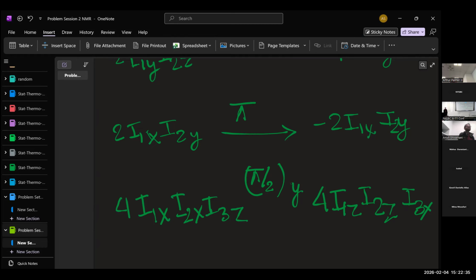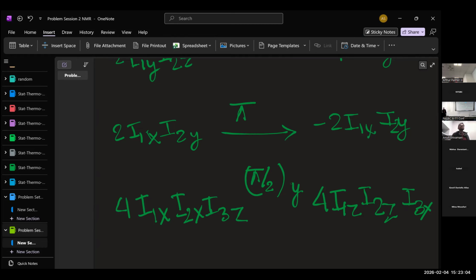Very easy. Y takes you from Z to X, and then from X to minus Z, so you get two minuses.